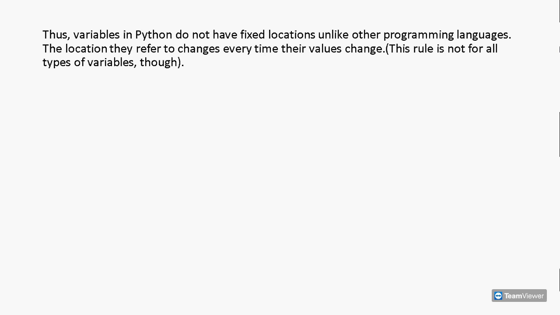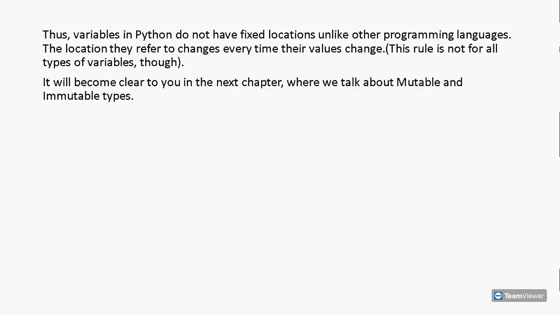Therefore, variables in Python do not have fixed locations unlike other programming languages. The location they refer to changes every time their values change. This rule is not for all types of variables though. It will become clear to you in the next chapter where we will talk about mutable and immutable types.